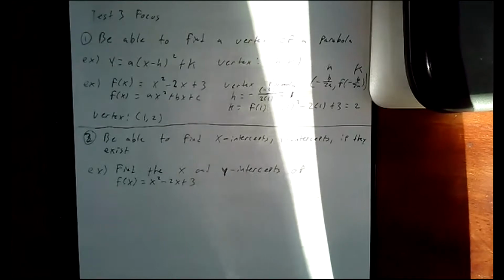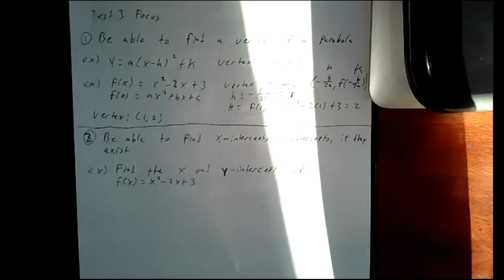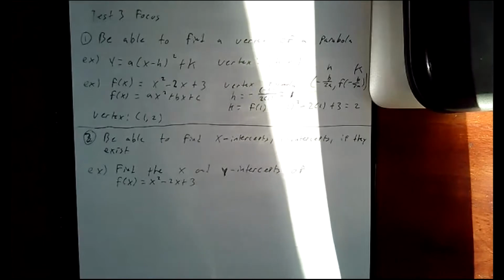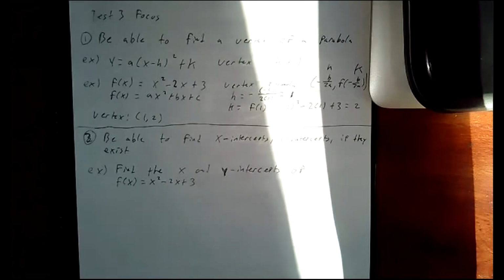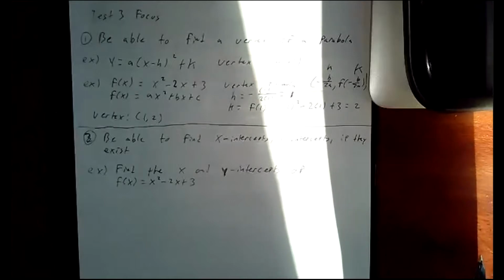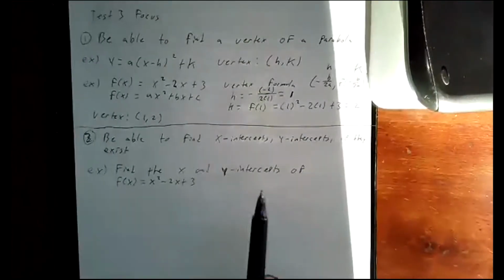So what you can do is try to factor it if it is factorable. And if it isn't, most likely there is no x-intercept. You can also graph it and see if it touches the x-axis. The y-intercept is the easy one.